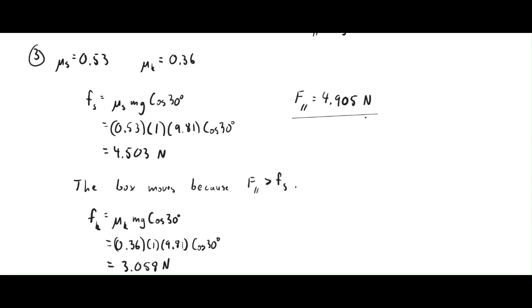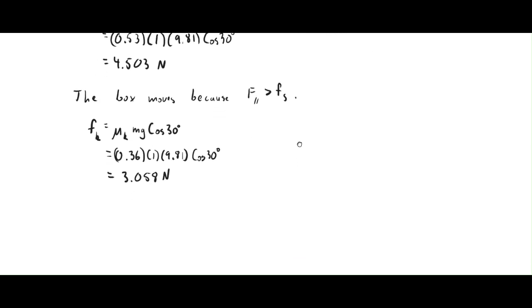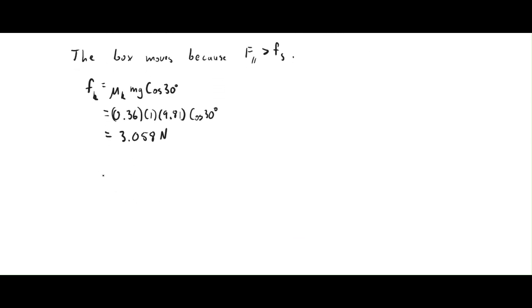The gravity pulling the box down the ramp is still what we found before. The acceleration is going to be given by summing those parallel components of the force and dividing by the mass. So we have that F parallel, subtract off the kinetic friction, and then divide by our mass.